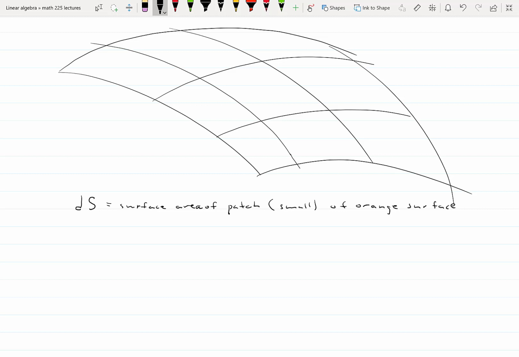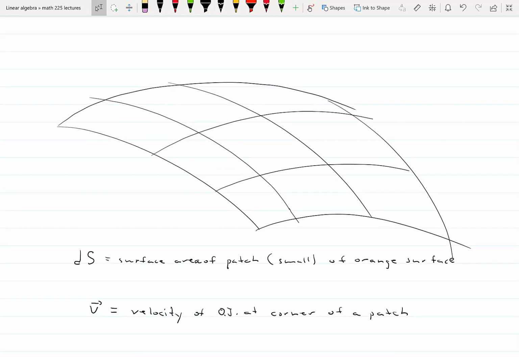Okay, so let's let v be the velocity of the orange juice at a corner of the patch. We'll identify a specific patch.